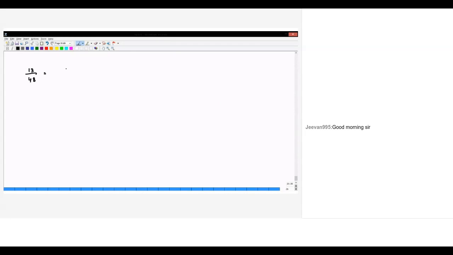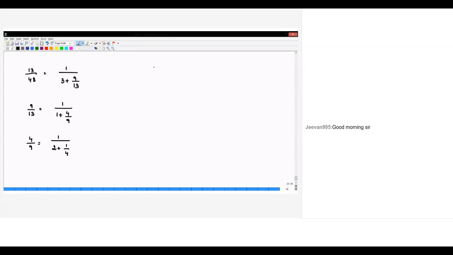I can write 48 by 13 as 3 plus, since 13 threes are 39, the remaining is 9 by 13. 9 by 13 can be written as 1 by 1 plus 4 by 9. 4 by 9 can be written as 1 by 1 plus... 2 plus 9 by 4, right? That's all.